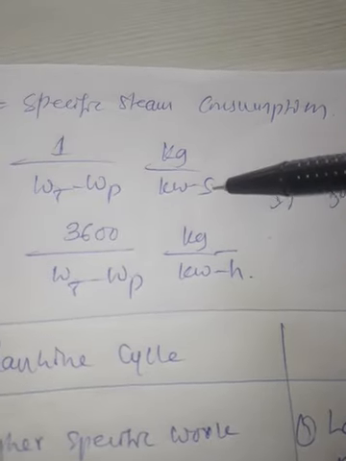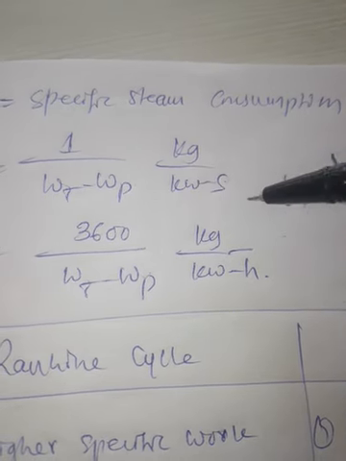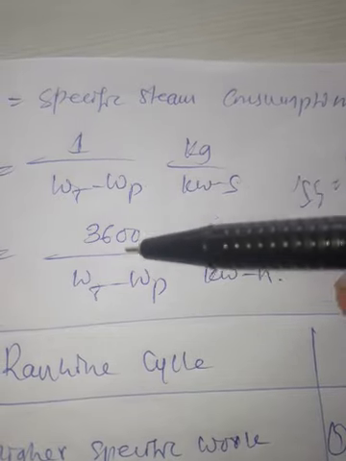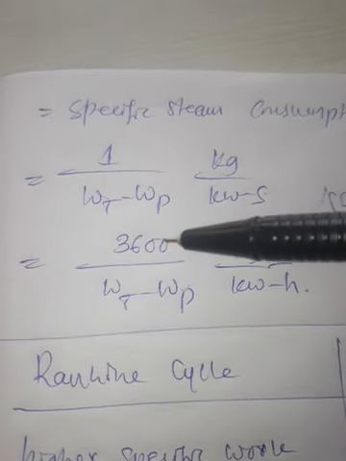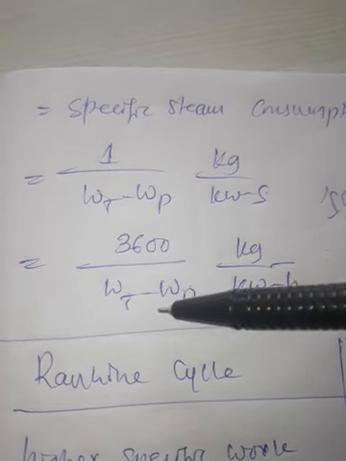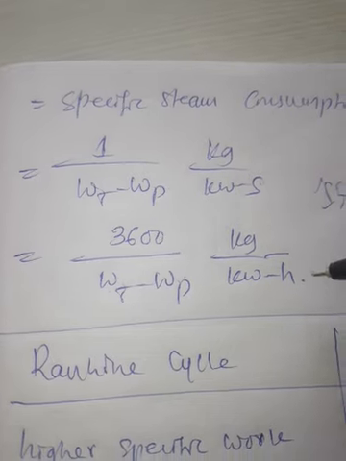So if I substitute 1 divided by 3600 in place of second here as hour, 3600 will go to the numerator. So the final formula for steam rate is 3600 divided by turbine work minus pump work, and the final unit will be kg per kilowatt hour.